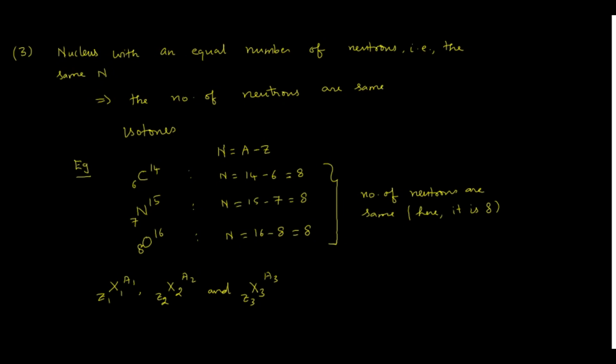I'm just writing the general case for 3. So if they are isotones, then A1 minus Z1 is equal to A2 minus Z2 is equal to A3 minus Z3. Suppose I take one more, X4, Z4 and A4, then it is equal to A4 minus Z4, and so on. So this is the general formula.